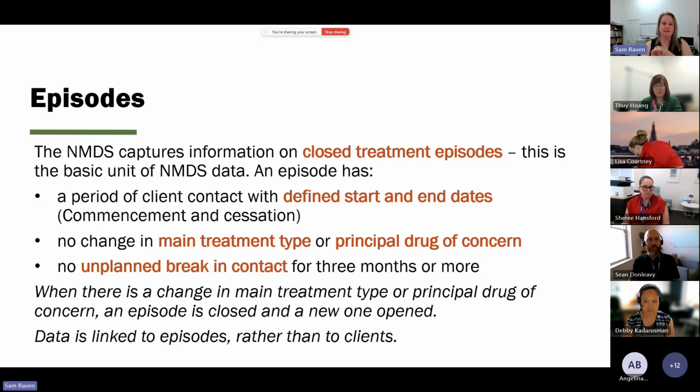So those 3 things, if they change at any point within the episode of care, then the episode of care needs to be closed and a new one opened. And it also has no unplanned break in contact for more than 3 months. So if a client has no contact with your service for a period of 3 months, then the treatment episode is closed and a new one starts.